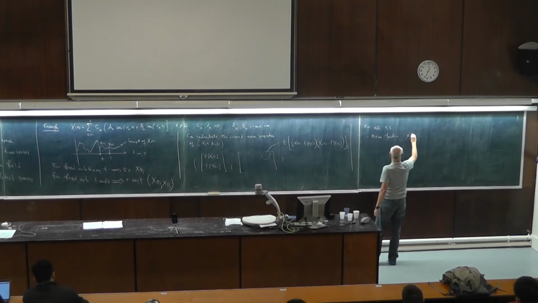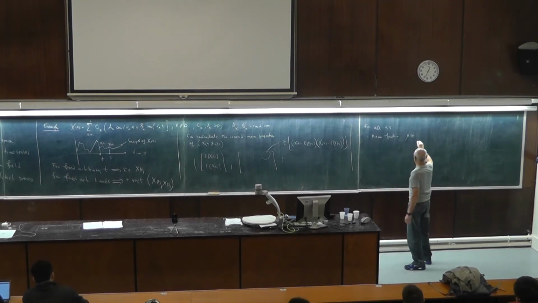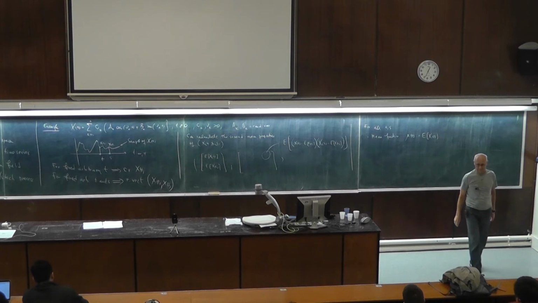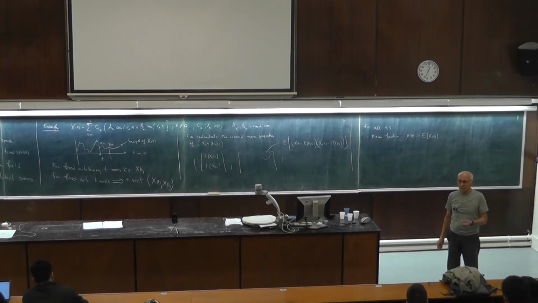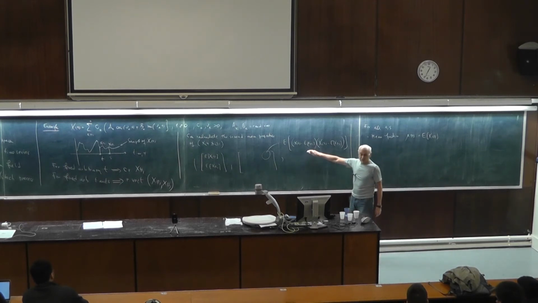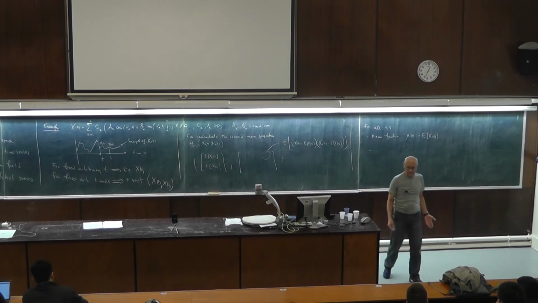We call it mu at time t, which is this. The mean doesn't have to be the same at all times. In general, it's not. Only in some special cases, which we are going to discuss. And we call this covariance matrix the covariance function.